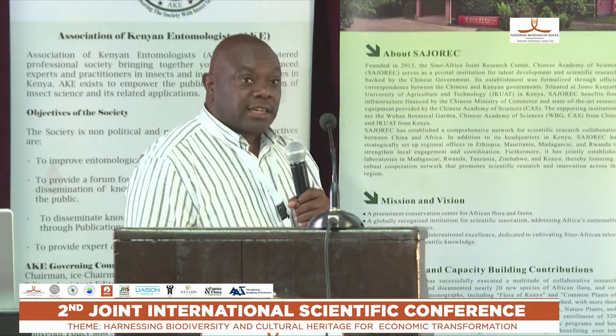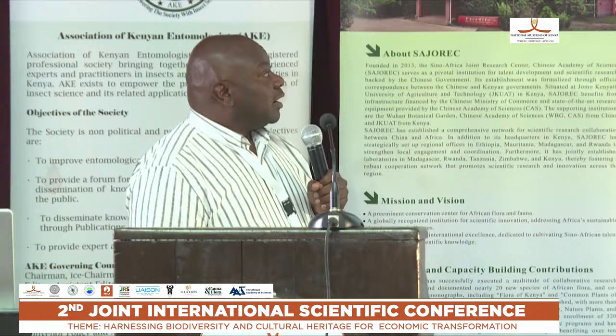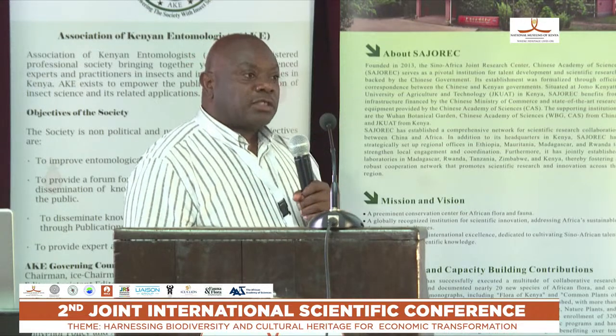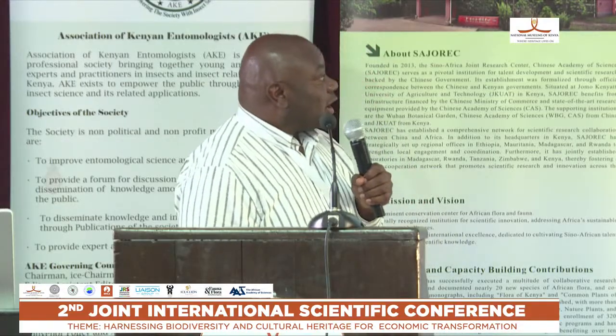The source is the Mau Forest Complex in Kenya, and it comes in from two sources through two tributaries. One of them is called the Nyangores tributary, and the other one is called the Amala tributary.